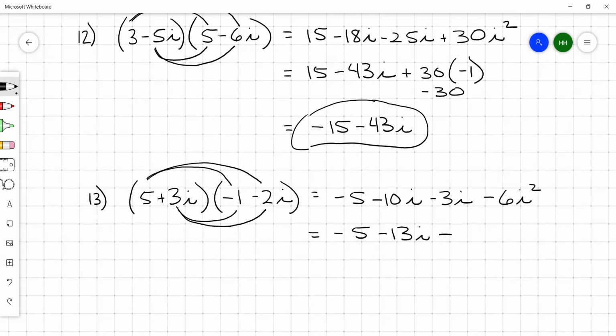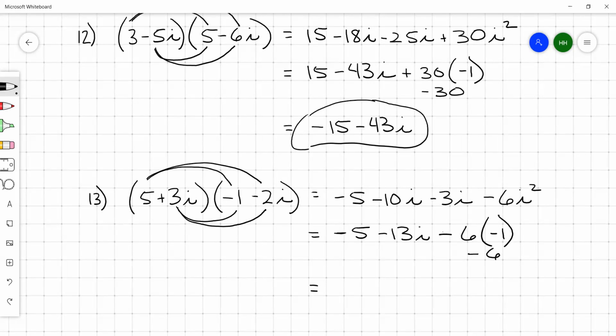We're minus 6, and the i squared is negative 1. So you got to be careful here, all right? You got a minus 6 times a negative 1. So you're going to end up with the 6 times the negative 1 is negative 6. So what you've got is negative 5 minus negative 6.